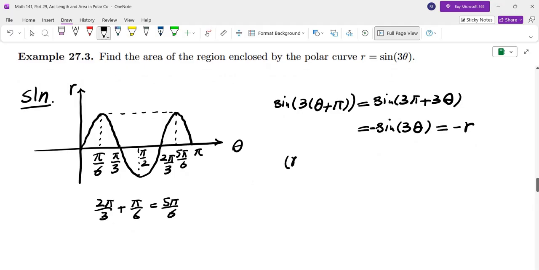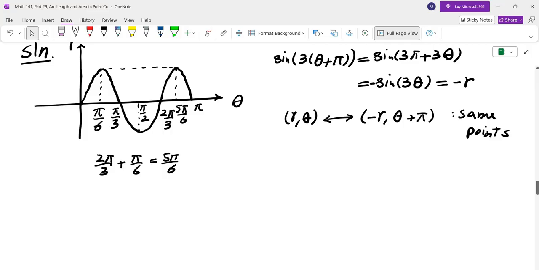So if we look at r theta and negative r theta plus pi, these are the same points. So if we go beyond that, we're going to get the same points. So let's graph this one on the xy plane, and then we will find the area of the region.